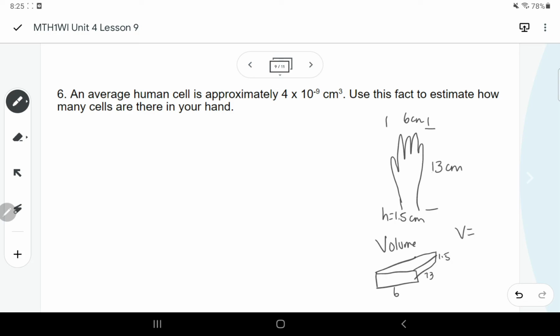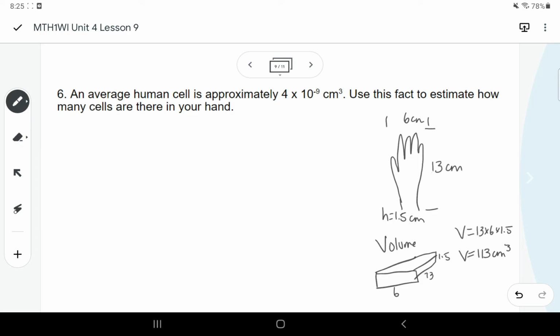So here, if I multiplied that, 13 times 6 times 1.5, 113 centimeters cubed? Sure, that's kind of reasonable.